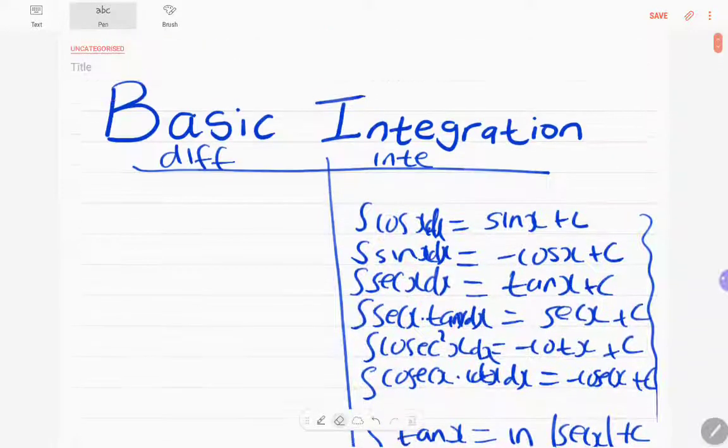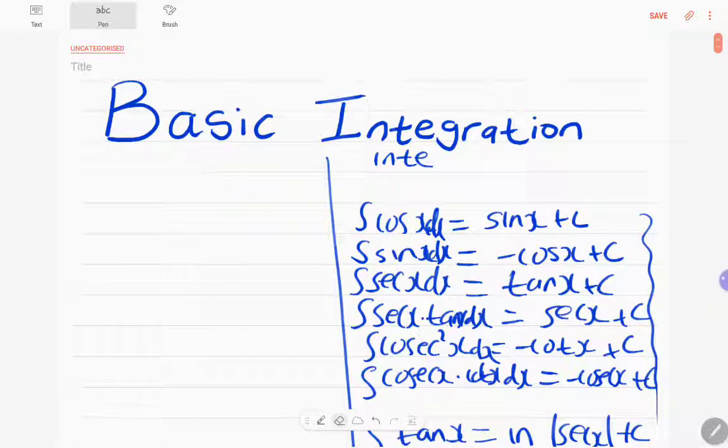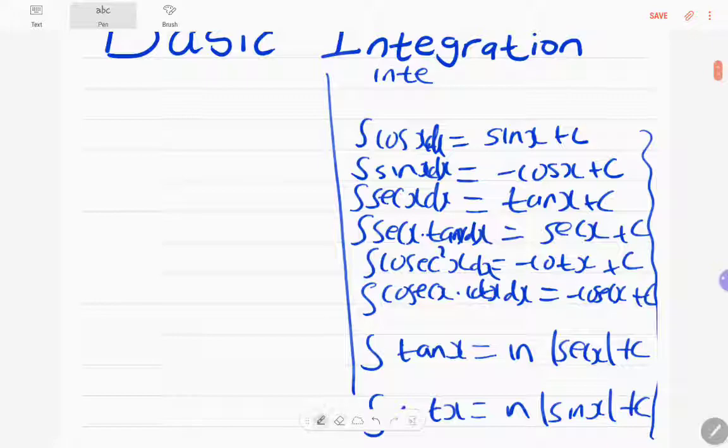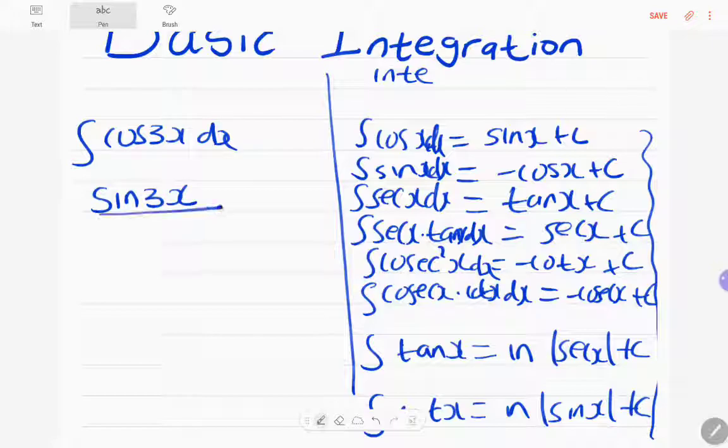Let me wrap this differentiation. Okay. We can now start. If they say find the integral of cos 3x dx, you come and check the integral of cos is sine. It will be sine 3x. We divide by the derivative of this function, which is 3 plus c.